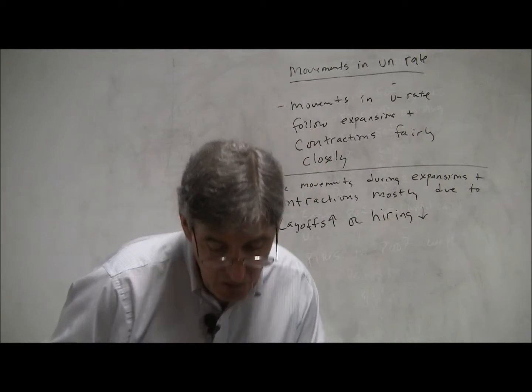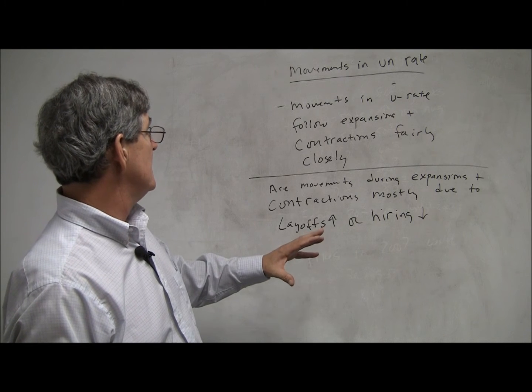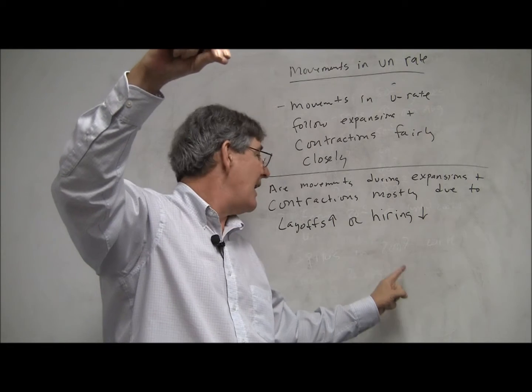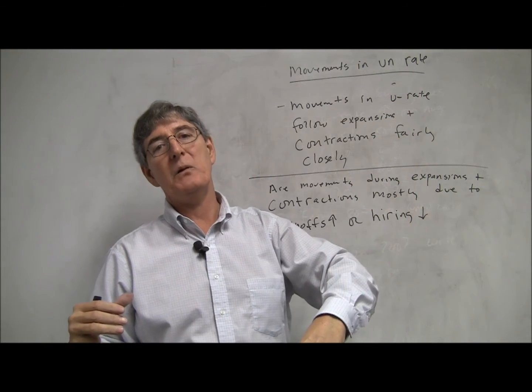So those are the two flows into unemployment. And is it because fewer people are coming out of unemployment because they're hiring less? Or is it because more people are going into unemployment?